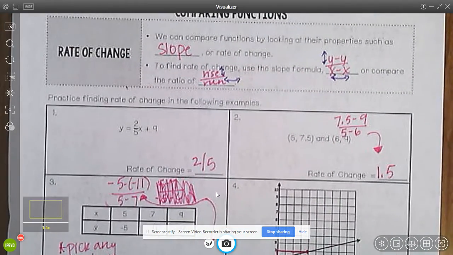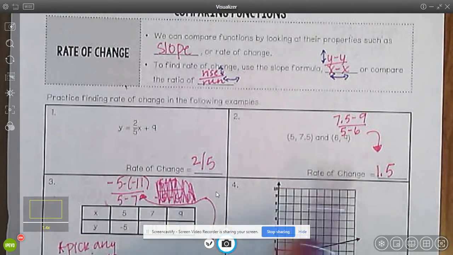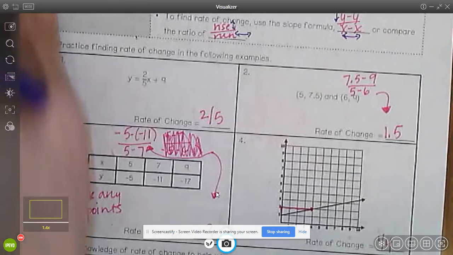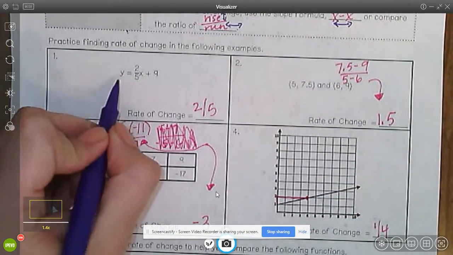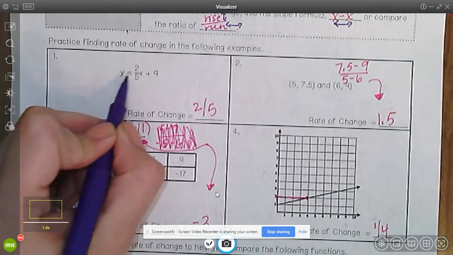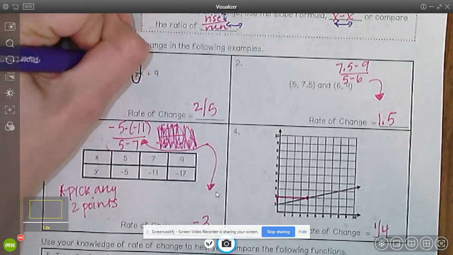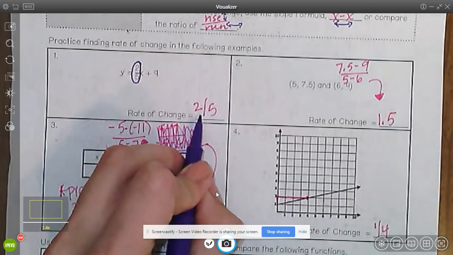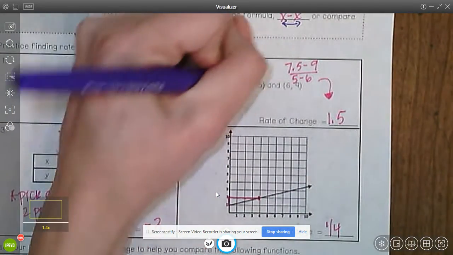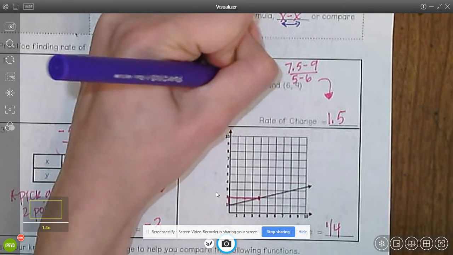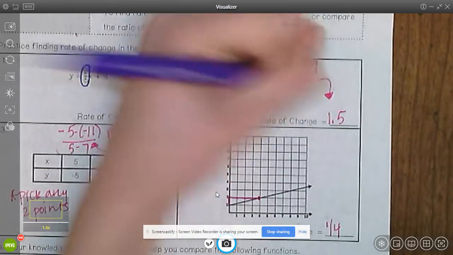Okay, so first we're just practicing finding rate of change in the following examples. This whole section we did in a previous unit, so I'm not going to spend a ton of time going over this, but we know when we have an equation in the form of y equals mx plus b, m is the slope, so the slope for 1 is 2/5. Okay, next, when we have 2 points, we know that coordinate points are labeled x1, y1, x2, y2.